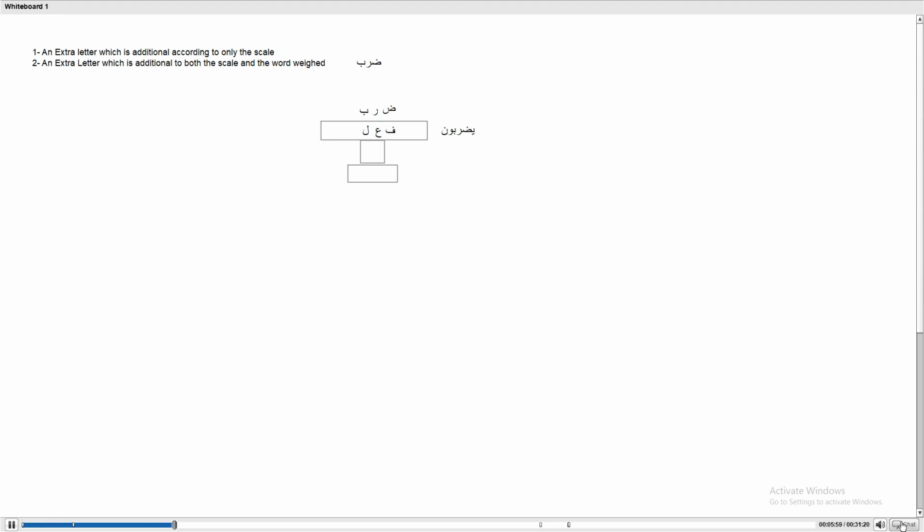Okay, now before the dad, which is the first original letter, we have the ya, and after the third original letter we have the waw and the noon.